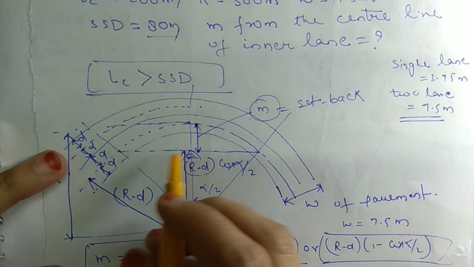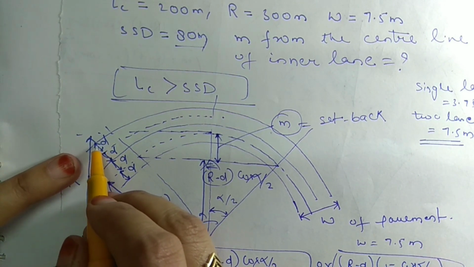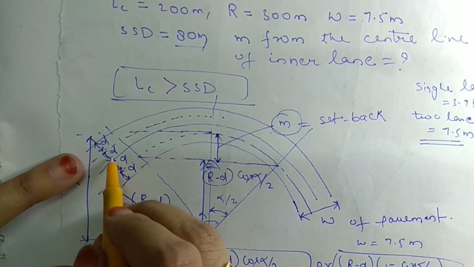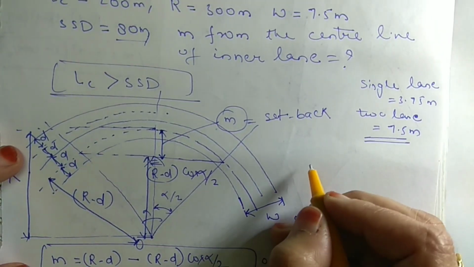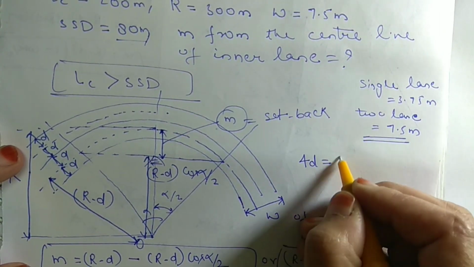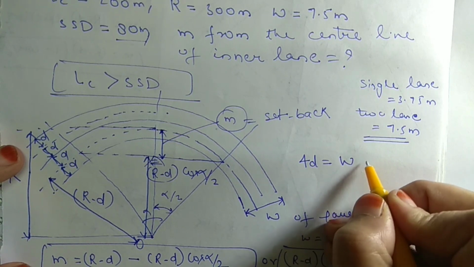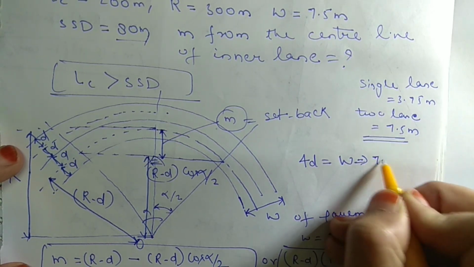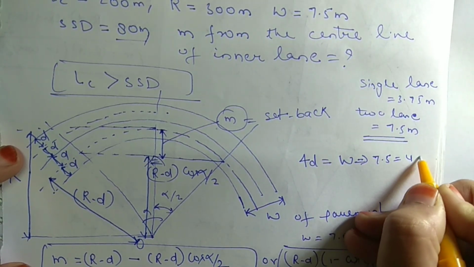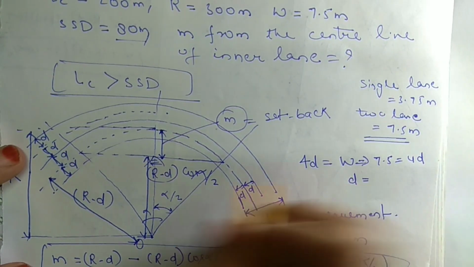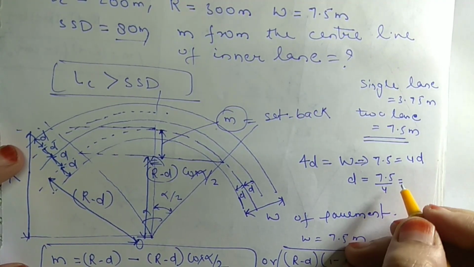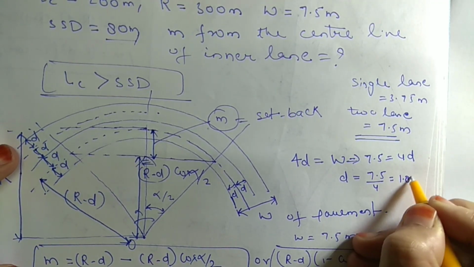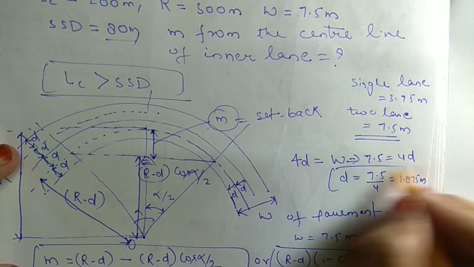If we count this D, this distance is D, this distance is D, similarly this, so we have 4D equal to the width of pavement, and the width is given as 7.5. So we get 4D, and this distance will be 7.5 upon 4, and we get 1.875 meter.